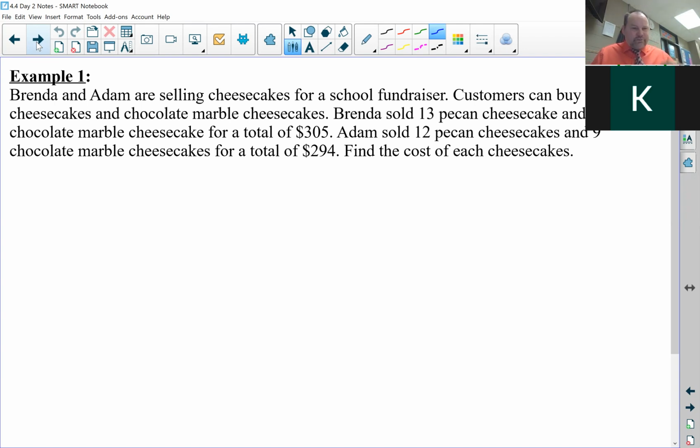So what I like to do is mark up my problem. For those of you who are in AVID and know some of the things with AVID, this is the mathematical take on the AVID approach for marking up a problem. So the first thing I do, I go through and I circle all the numbers. So I have a 13, a 9, 305, 12, 9, and 294.